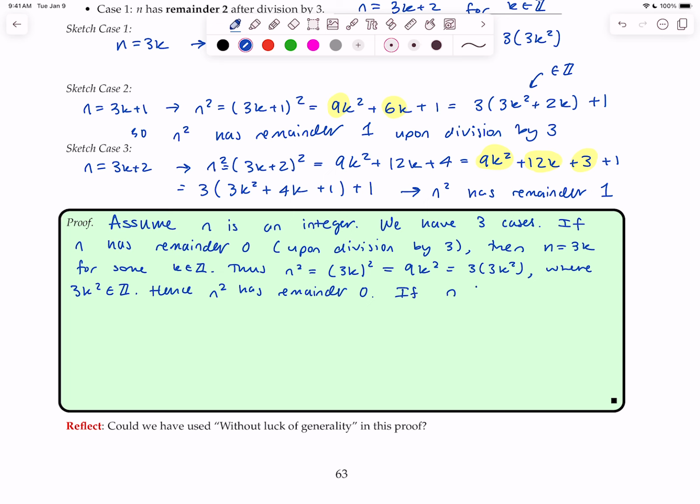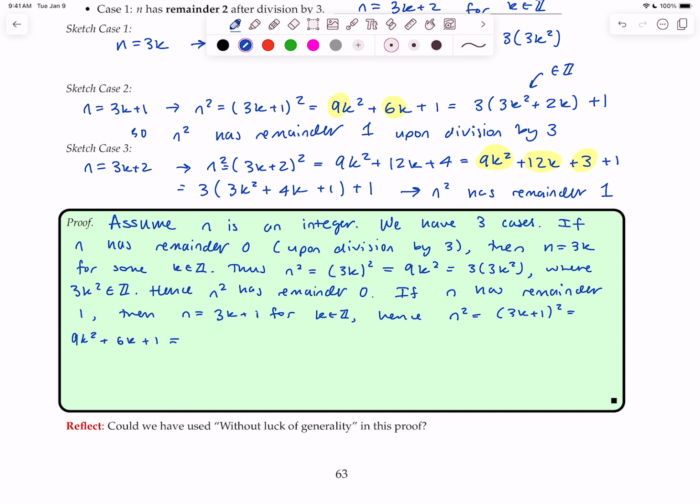If n has remainder 1, then n is equal to 3k plus 1 for some integer k. Hence, n squared is going to be 3k plus 1 squared, which when we wrote out our arithmetic, we got 9k squared plus 6k plus 1.